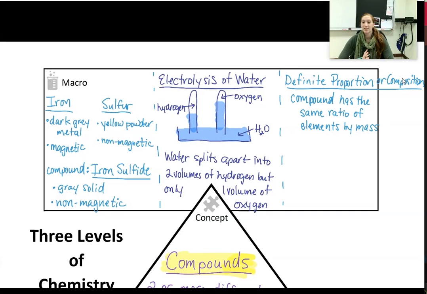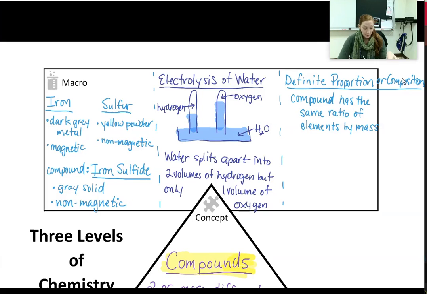Okay, so this is saying that anytime you have a compound of that particular substance, the ratio of the elements by their masses will always be the same. It doesn't matter how large or small that sample is, doesn't matter where that sample comes from, the ratio of those elements by mass will be the same.